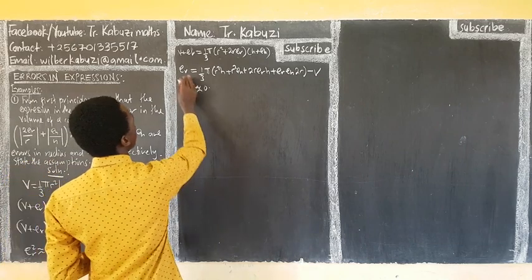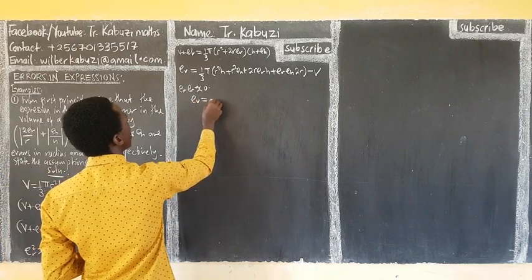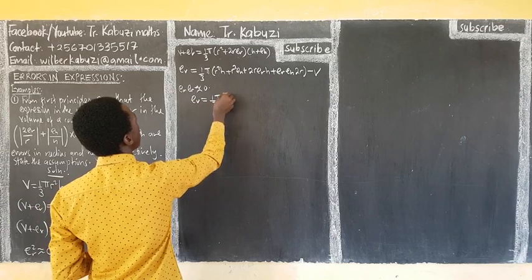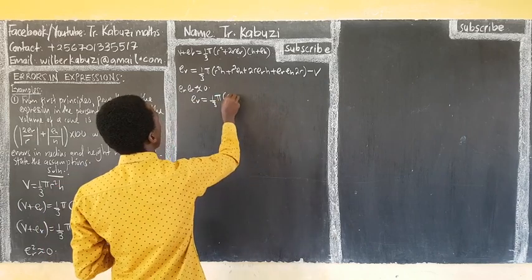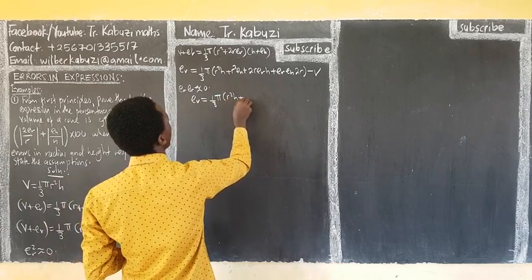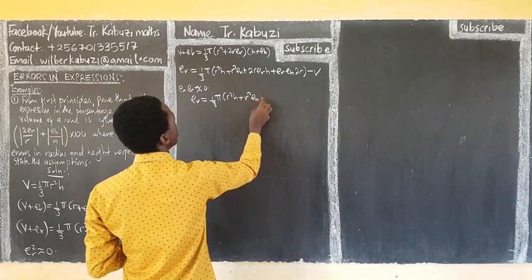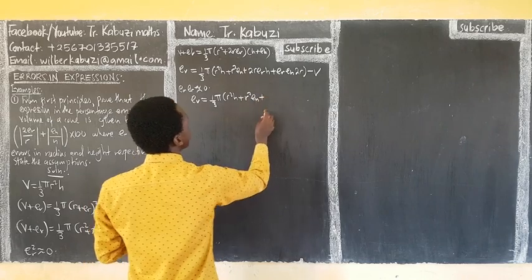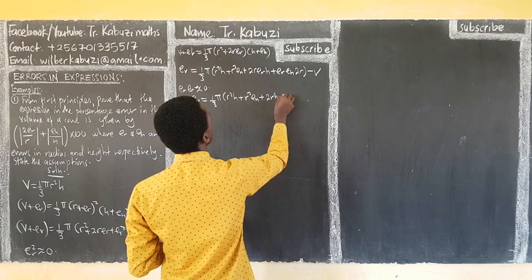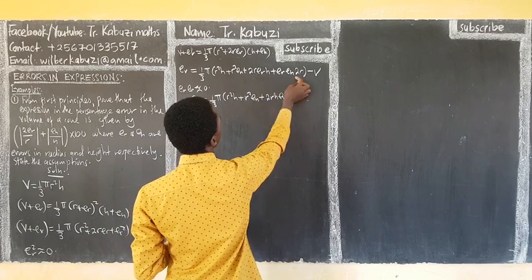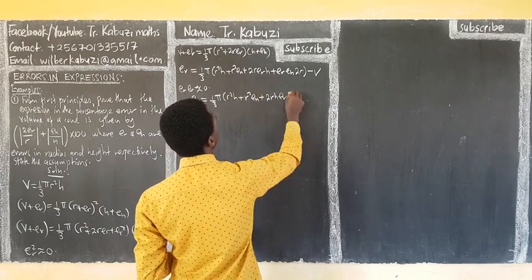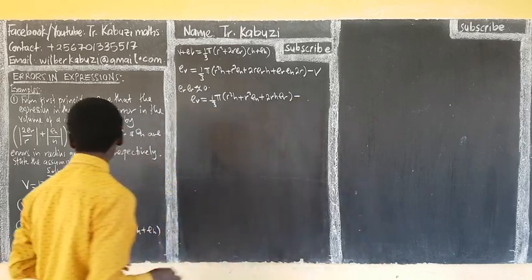So we have now from here my error in V equal to a third pi into r squared h plus r squared EH plus 2rh ER, and this last term is going to approximate to 0. Then minus V. What is our V?